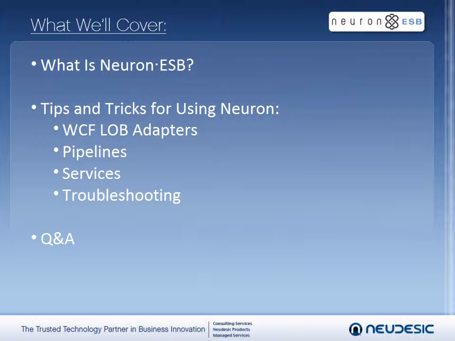We'll cover how you can leverage pipelines in a variety of different ways to build out solutions. We'll cover how Neuron works with services, as well as how to troubleshoot problems when they occur, what the event logs are, and how you can get good information from the message failures. Within all of this, we'll be working a lot with our client API, WCF, so you'll get a good mix of things. We'll follow this with a simple Q&A after.